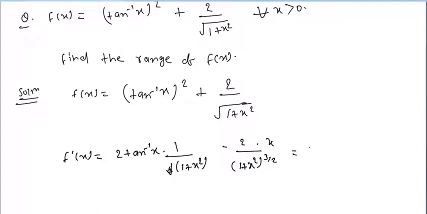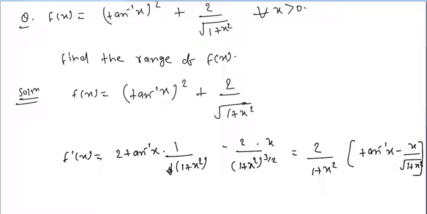Take 2 divided by 1 plus x square common. Then you will have tan inverse x minus x divided by square root of 1 plus x square. This is the common part.